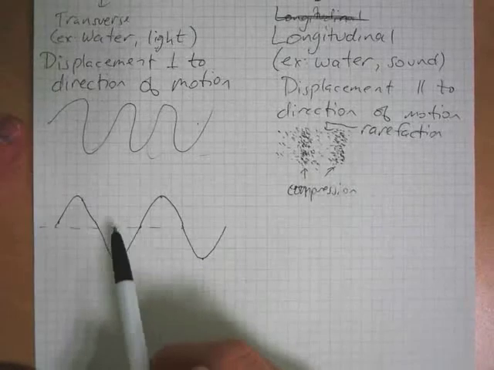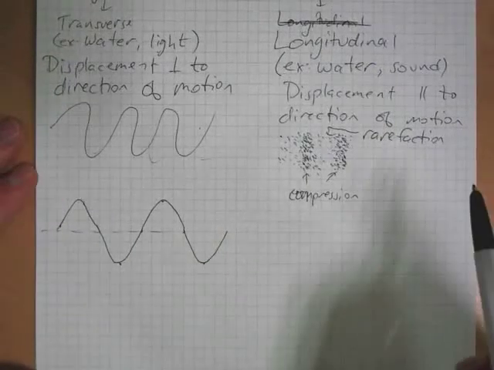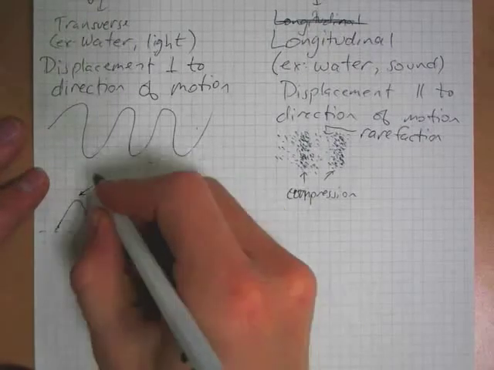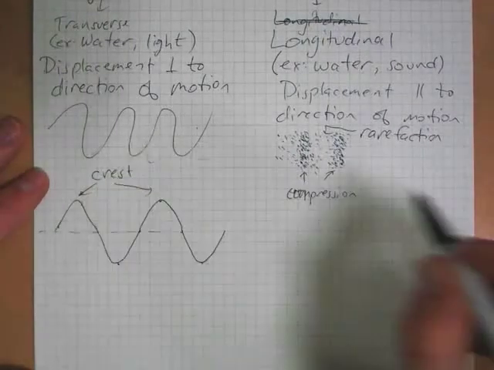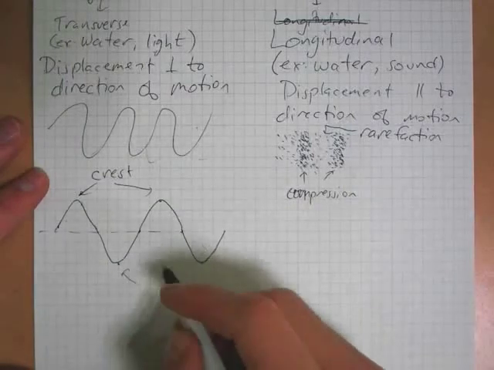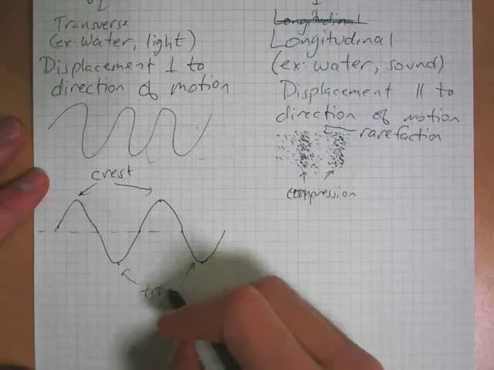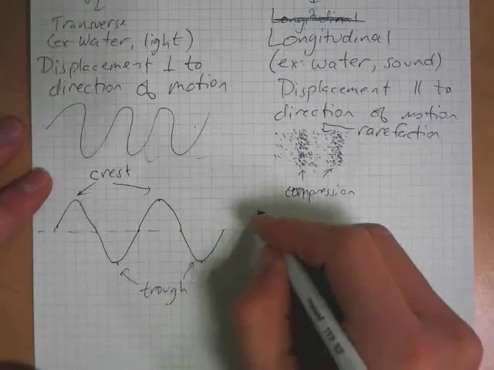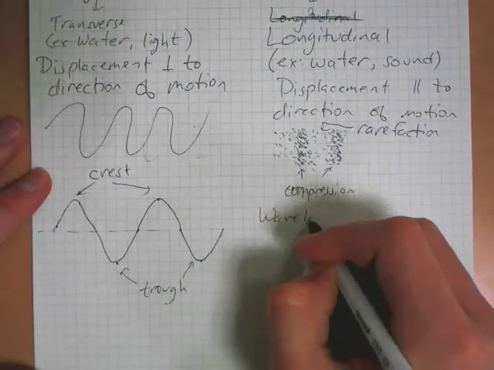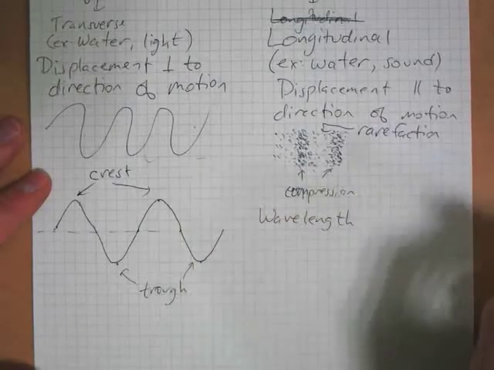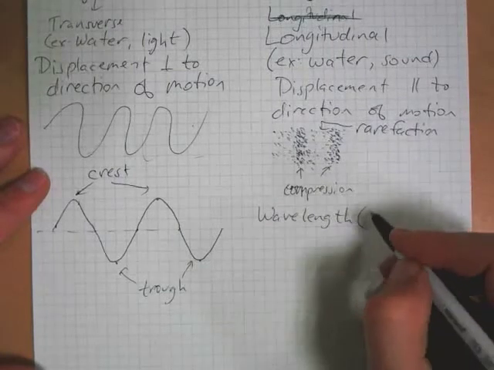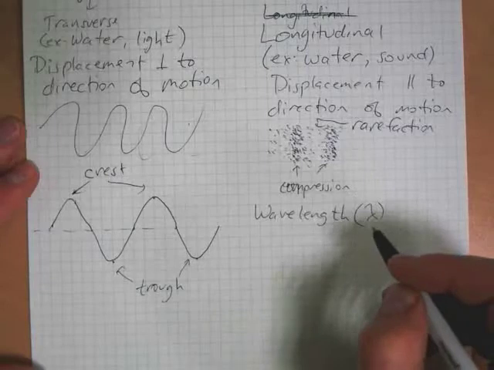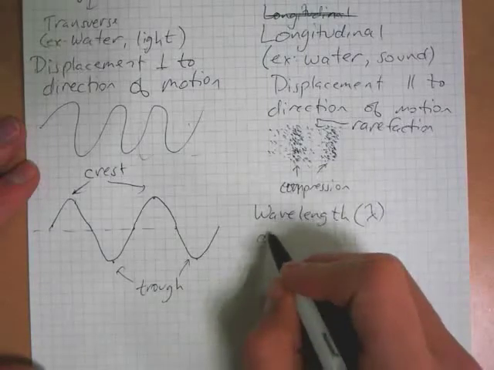There are a few key vocabulary terms. The peaks of the wave are called crests. The maxes are crests. The mins are called troughs. Wavelength is the length of the wave. We use the Greek letter lambda, and that is the distance between wave fronts.